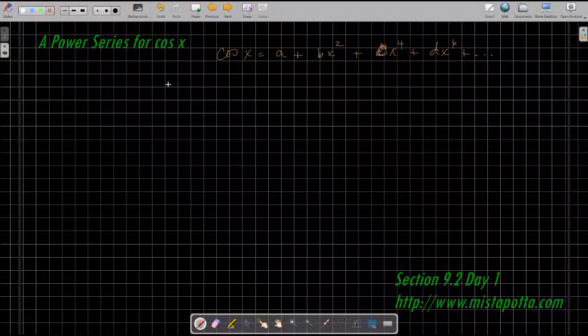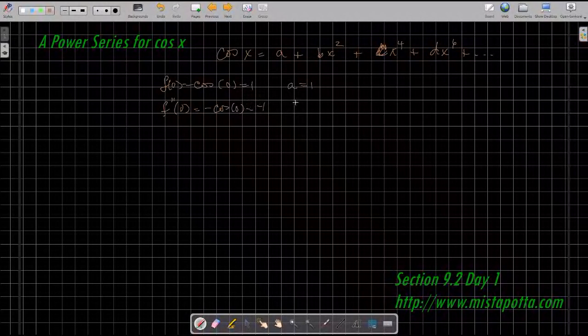So when I'm looking at f of 0, that's cosine of 0, which is 1, and so a must be 1. If I'm looking at the second derivative of 0, that's negative cosine of 0, which is negative 1.